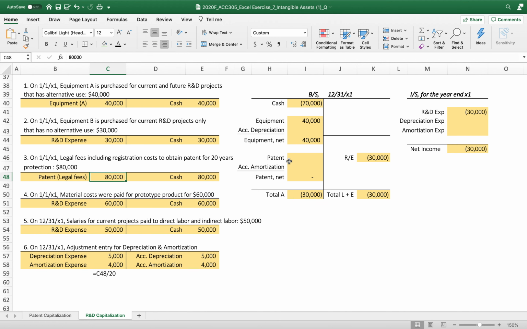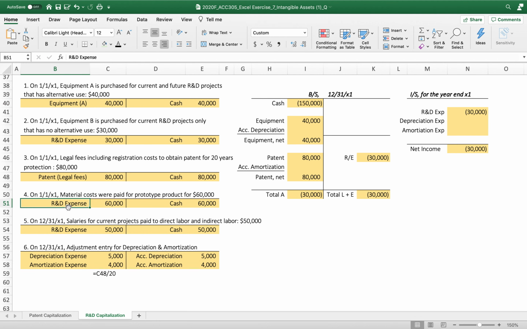Now legal fees should be put on the patent. Let's just assume that we have the actual patent on hand. But for studying purposes, we just focus on these transactions. Also cash, there's no negative cash amount, but we just assume that we had the cash amount before these transactions. Okay, and then cash out also $80,000. So we matched out.